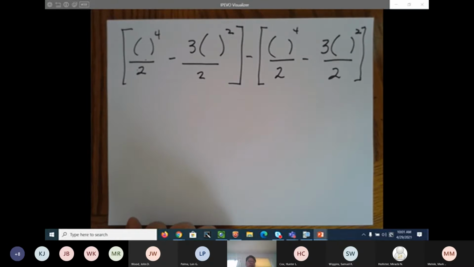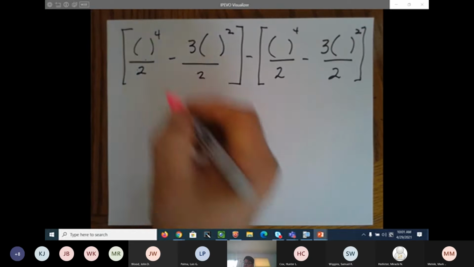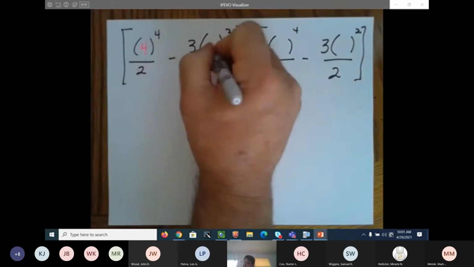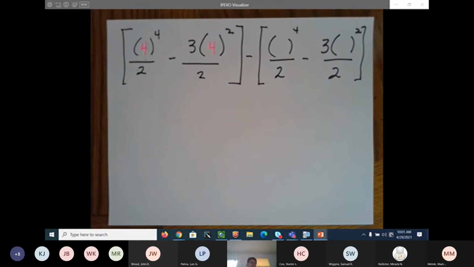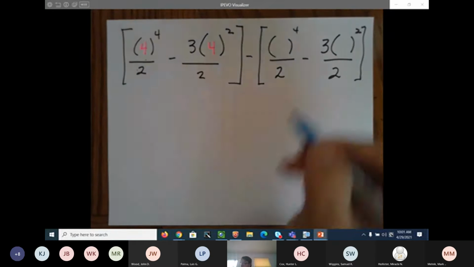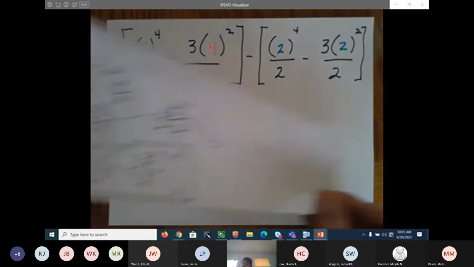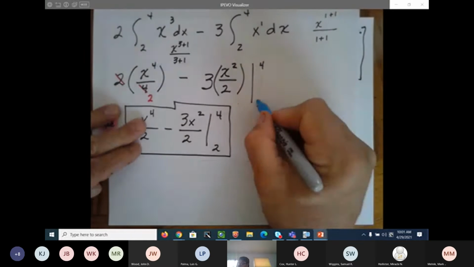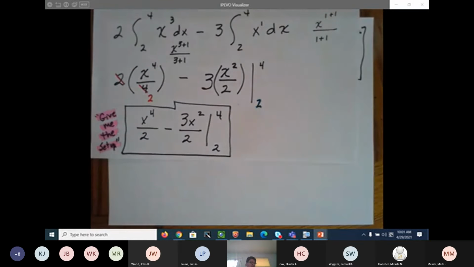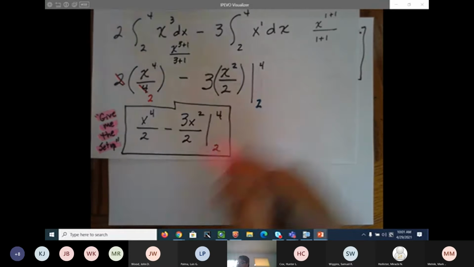So plug in a 4 here and plug in a 2 here. And that comes from these guys. 2 there and a 4 here.